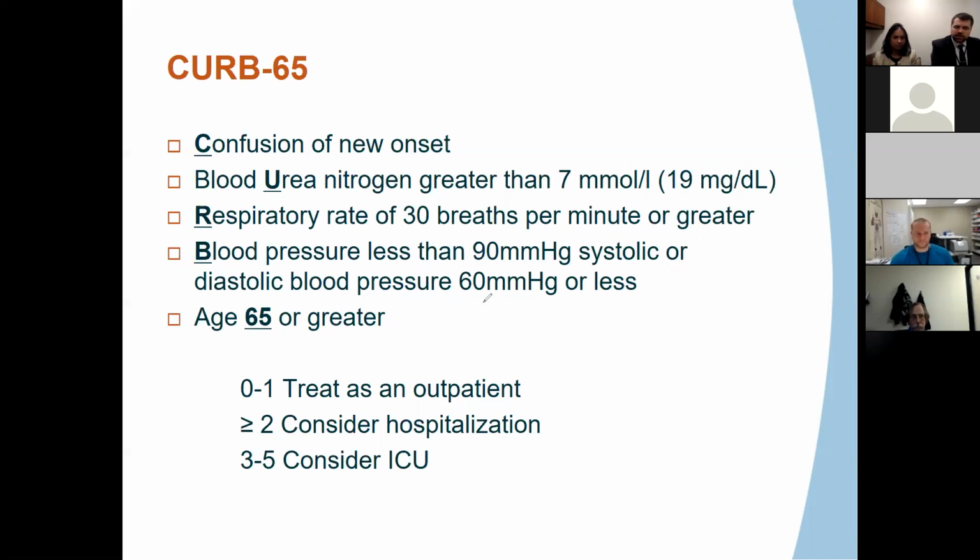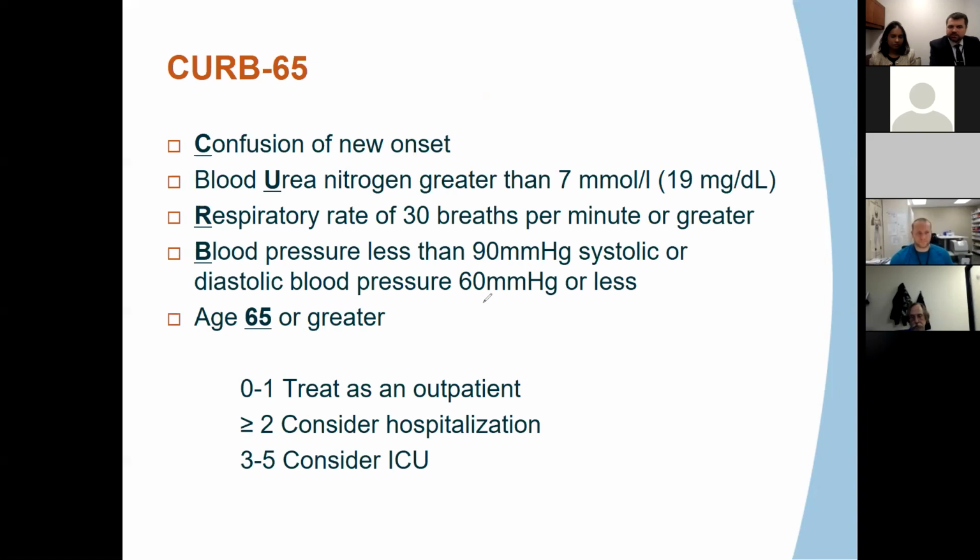So in order for providers all to do the same thing, so every provider looks at a patient and comes out with the same recommendation of where to go, they come up with these scoring systems that are based on objective findings looking at the patient. In that way, one provider won't look at the patient and say, oh, they don't look too sick, and another provider will say, oh, I think they're really sick.